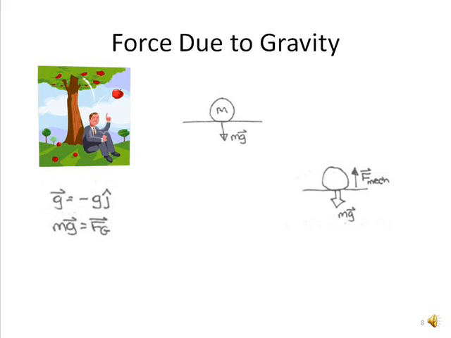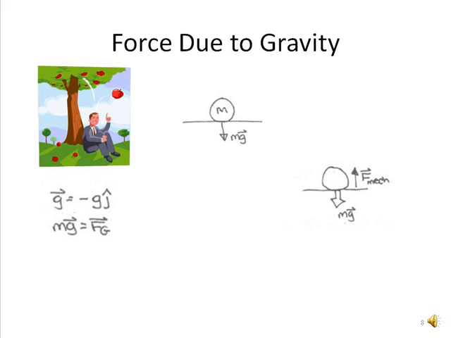But essentially, since the Earth is roughly spherical, and since the elevation changes are fairly small, going from a mountain top down to the bottom of the sea, we treat the force of gravity, or the acceleration due to gravity, essentially as constant. This acceleration we call g, approximately 9.81 meters per second squared.